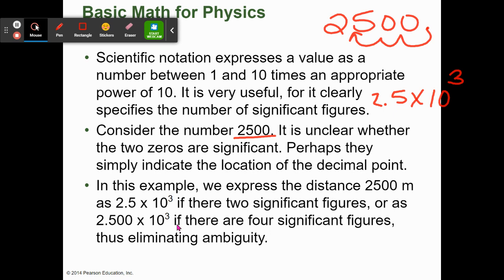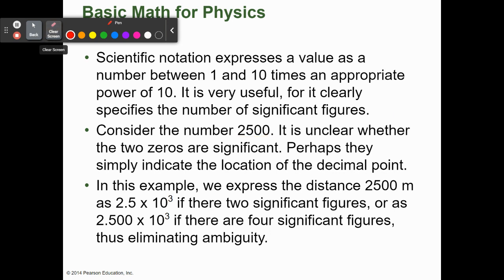All right, so what if I wrote 2.50 times 10 to the 3? How many numbers are significant? 3. Because the 0 is behind the number and behind the decimal, it makes it significant. So those are 3 significant figures.